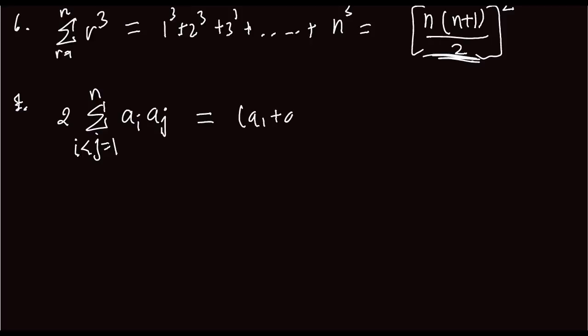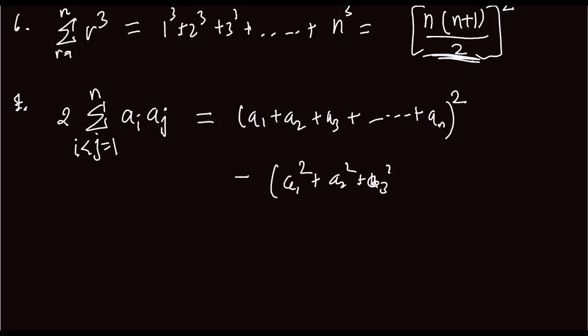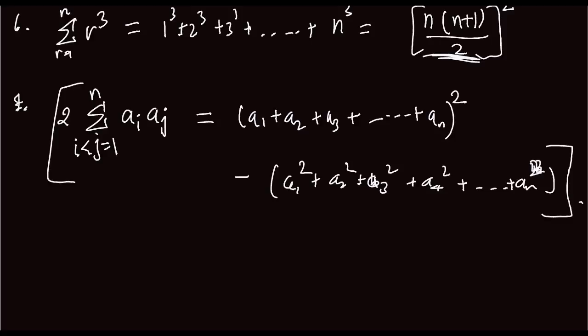This can always be given as (a1 plus a2 plus a3 up to an) whole square minus (a1 square plus a2 square plus a3 square plus a4 square up to an square), all divided by 2.